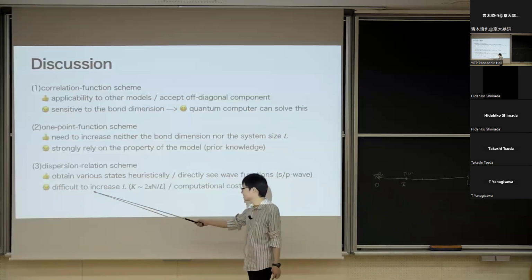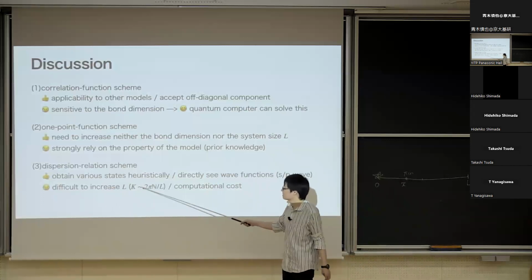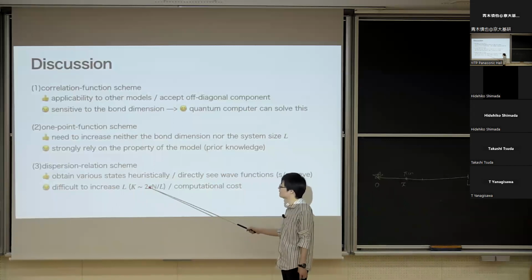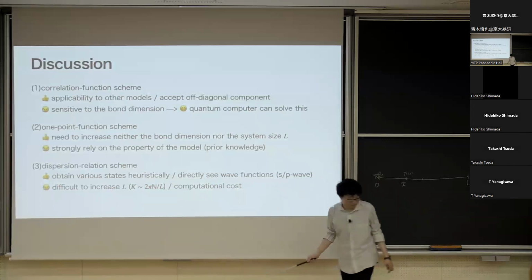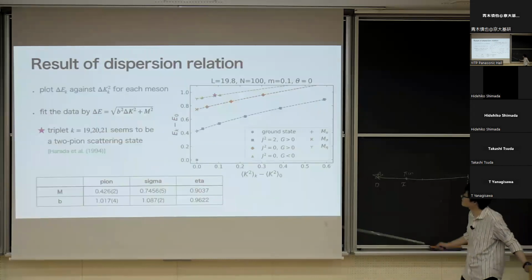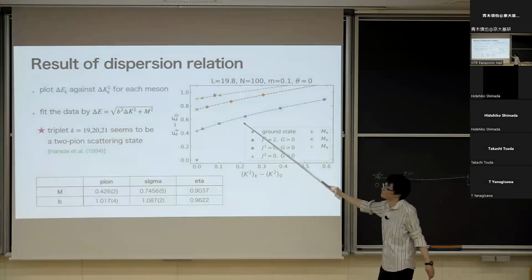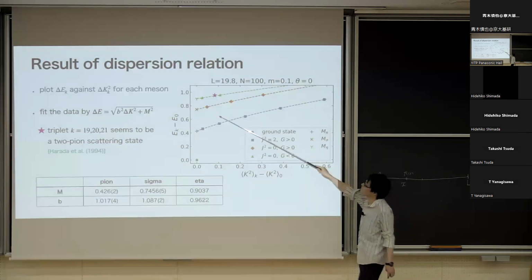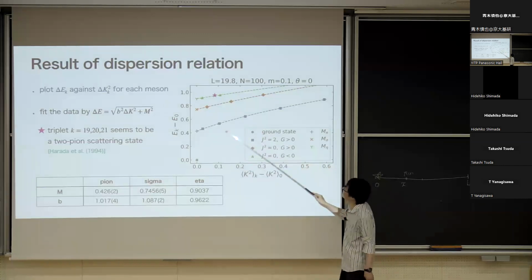in fact, it's difficult to increase the system size, because the momentum is discretized by 2 pi times an integer over L. So if we increase L, the step size of discretization becomes smaller and smaller, and many momentum excitations accumulate before we reach the sigma meson.